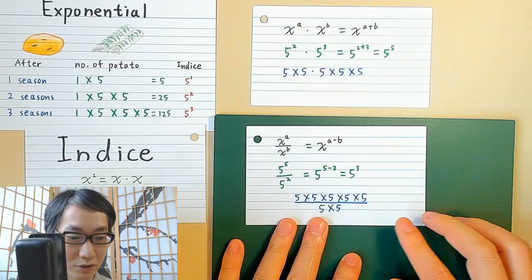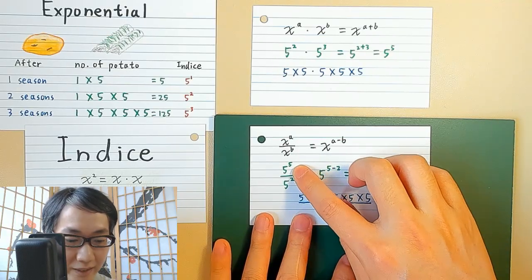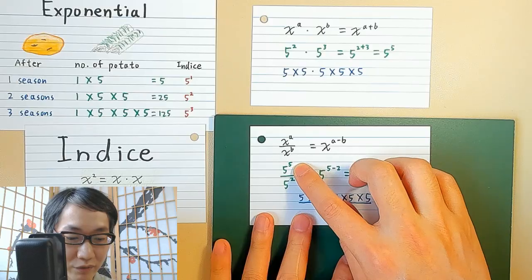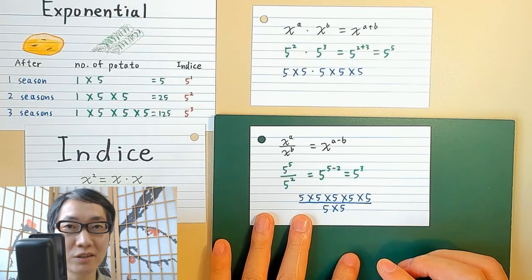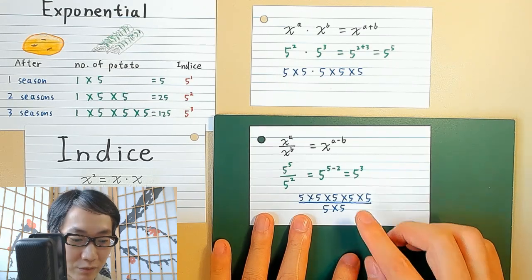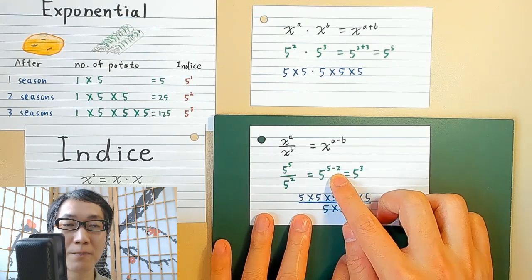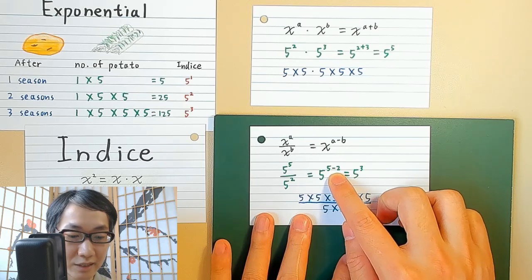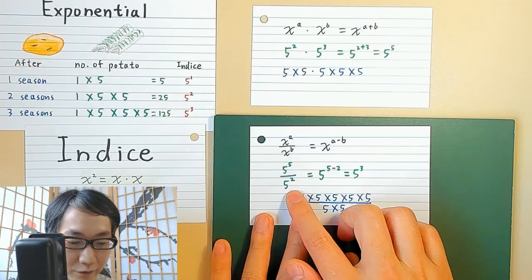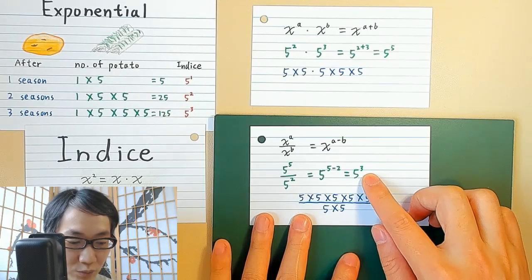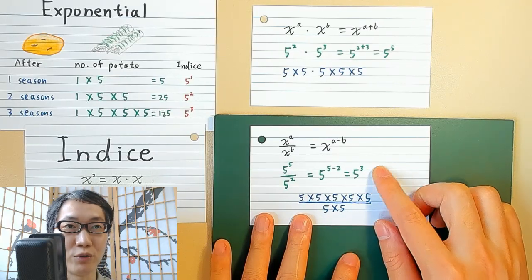We have done 5 seasons, and we want to check back 2 seasons ago, how many potatoes did we have. Then we do 5 minus 2. This is equivalent to 5 to the power of 5 over 5 to the power of 2, which equals 5 to the power of 3.